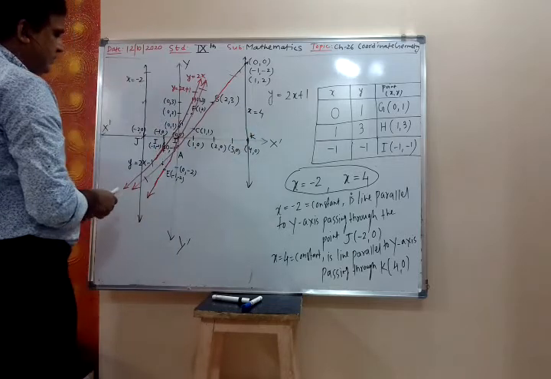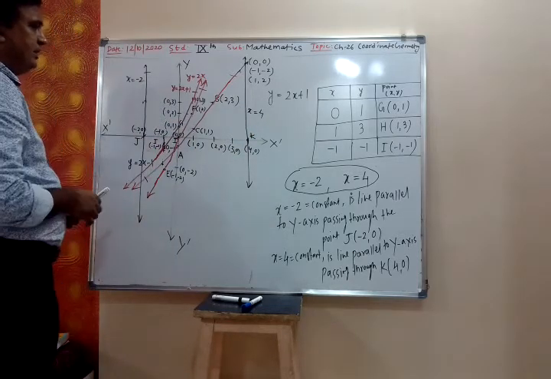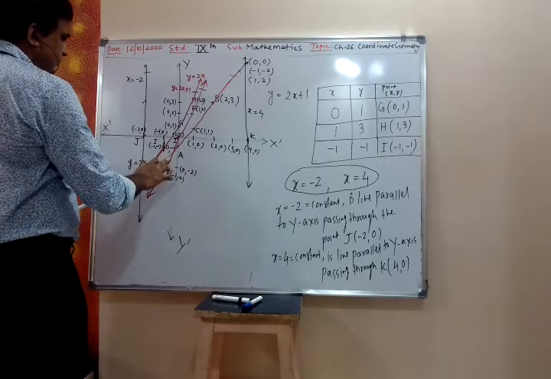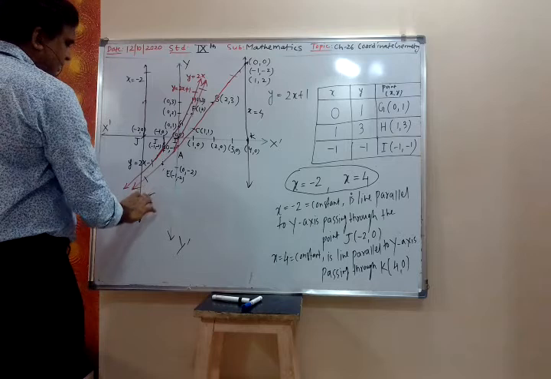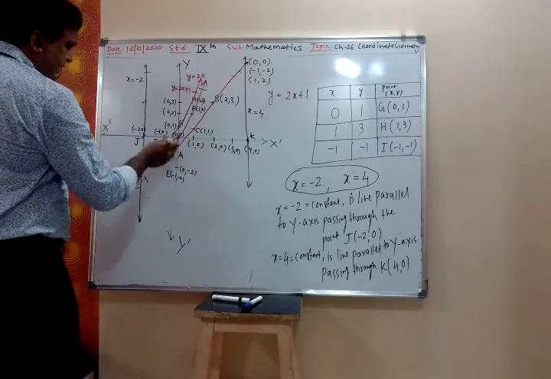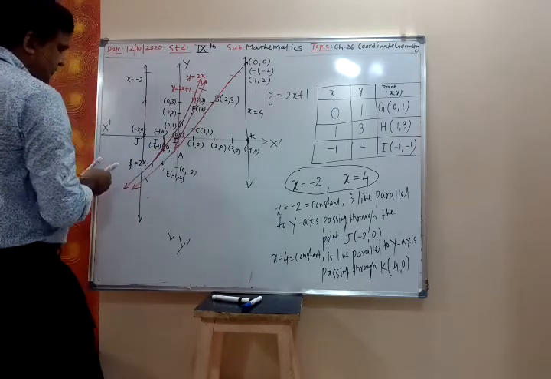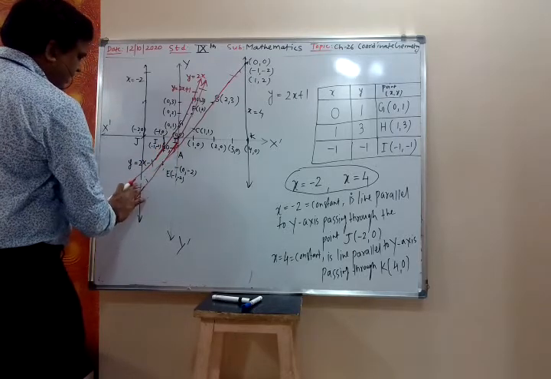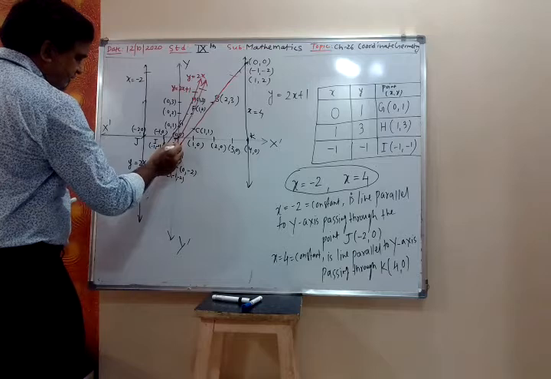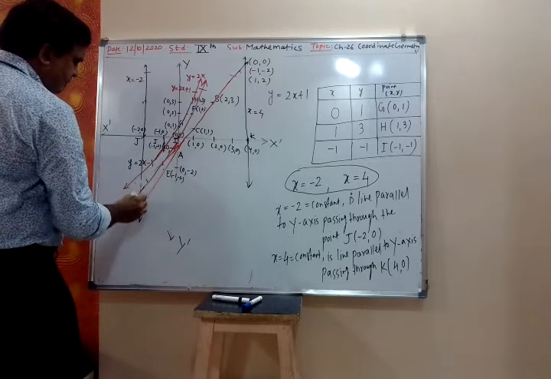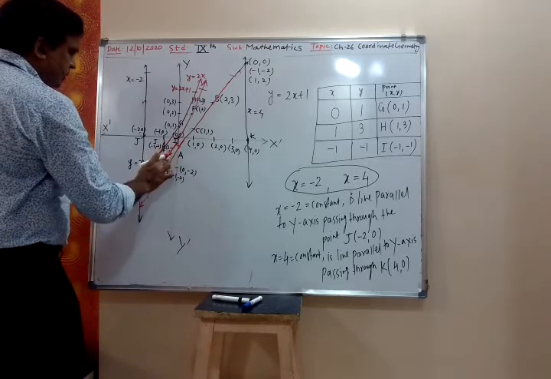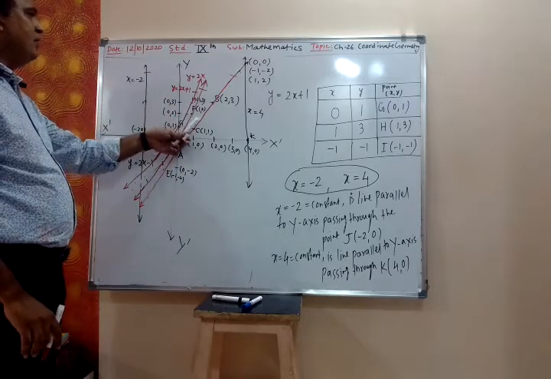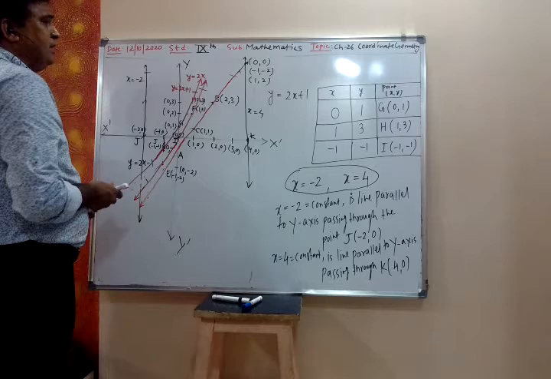Between them, you see the graph paper and tell me whether the lines are parallel or not. Just see the graph properly. All the 3 lines, are these 3 lines parallel or not?